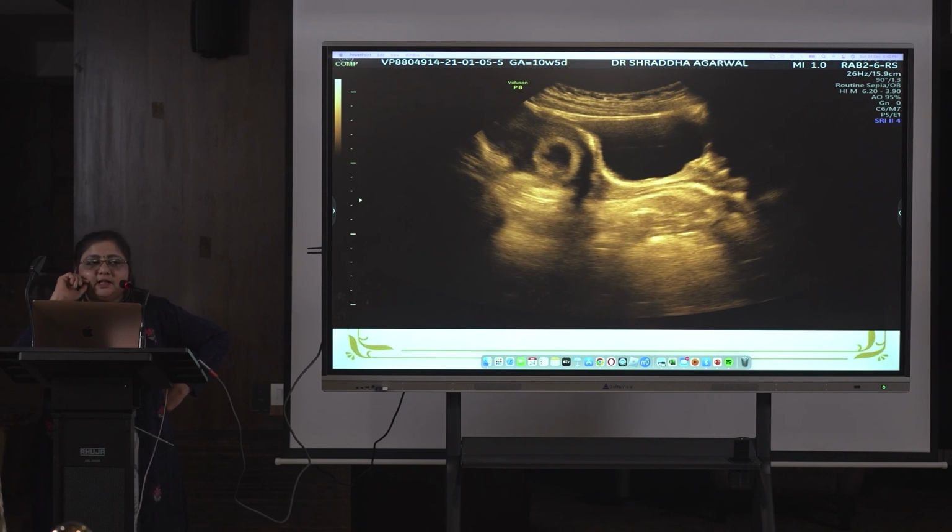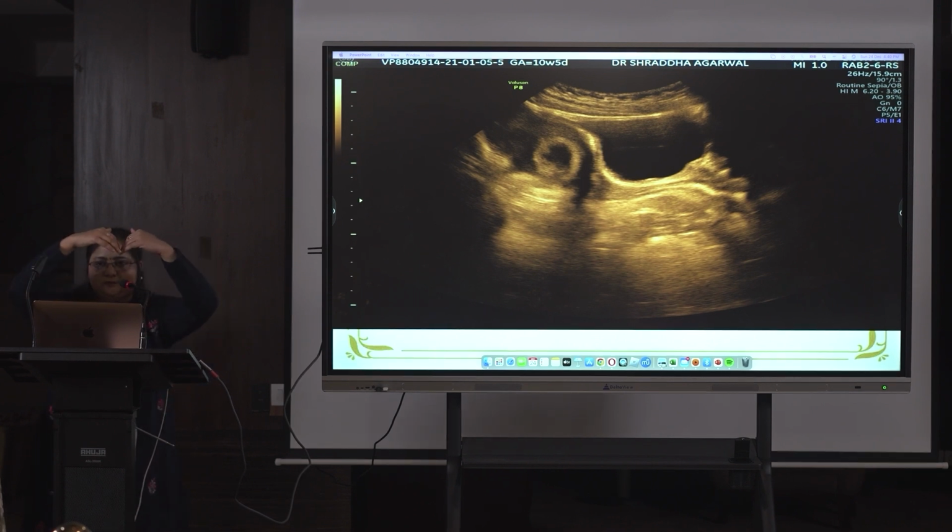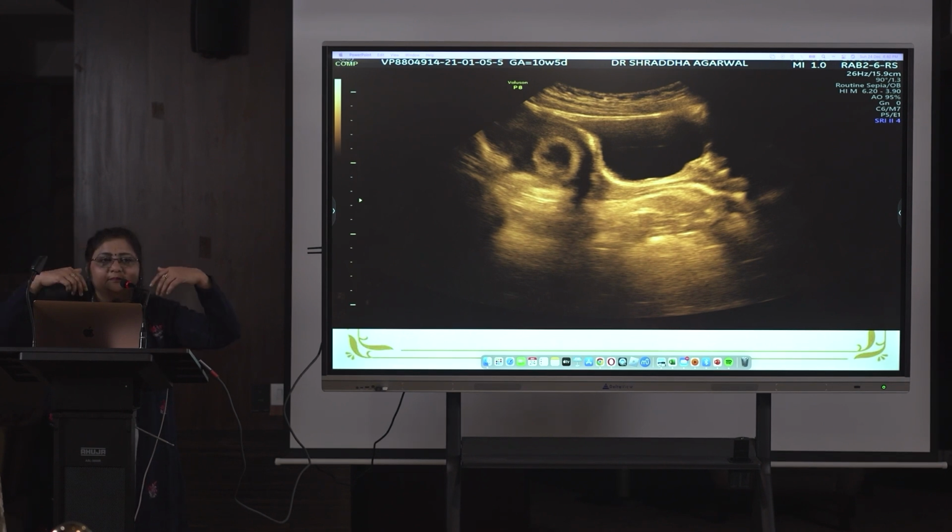We have to do a PV examination also to find out what. Now you have seen that it is concave first. So if there are two cervices, it is didelphys, and if there is one cervix, it is bicornuate. Now you understood? I'll show it again.